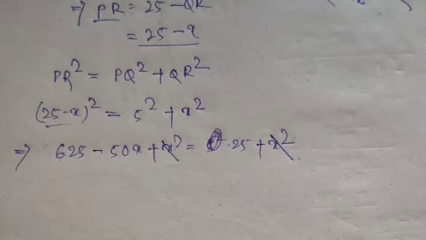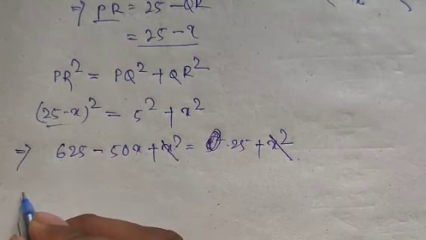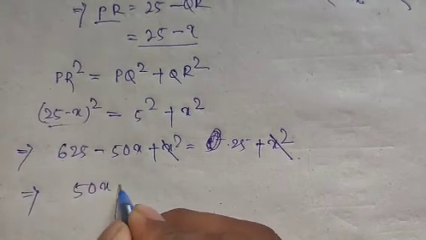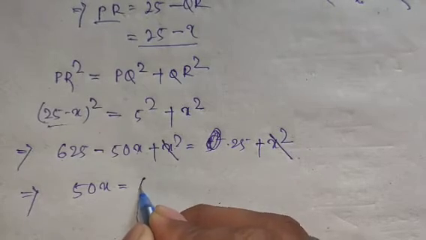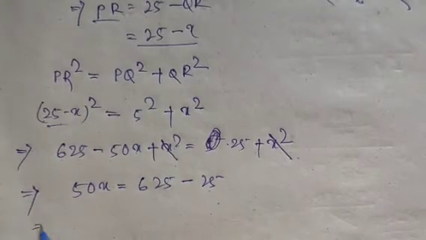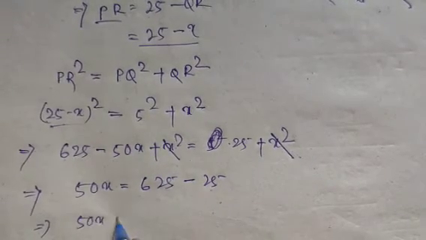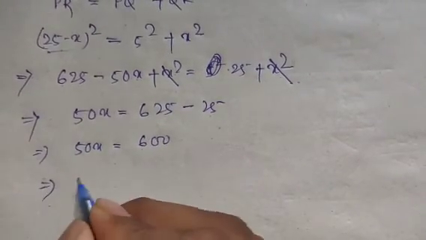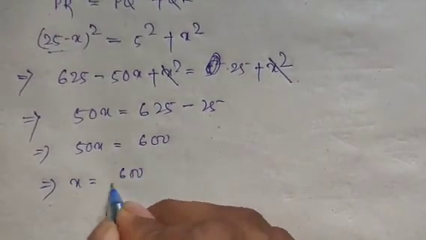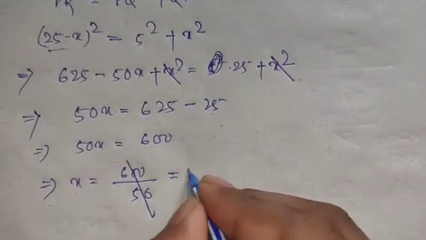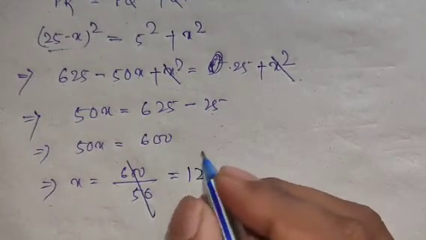So the new equation will be 50x is equal to 625 minus 25. This implies 50x is equal to 600. So x will be 600 divided by 50, which will be your 12. So x is 12.